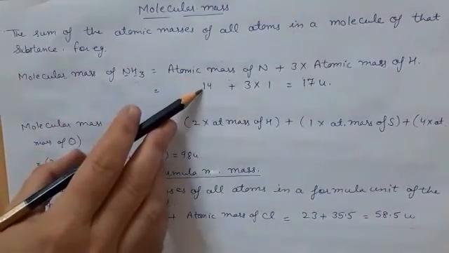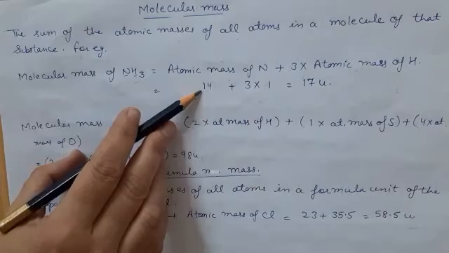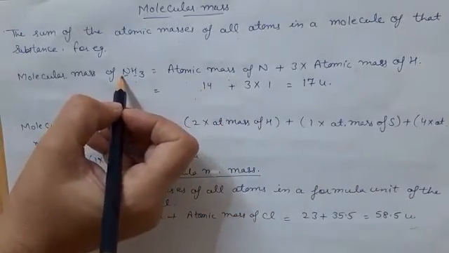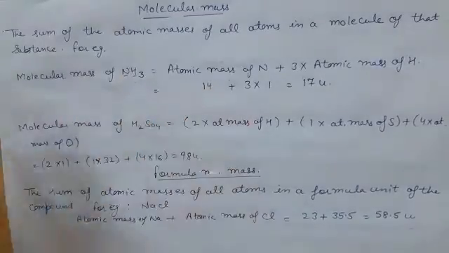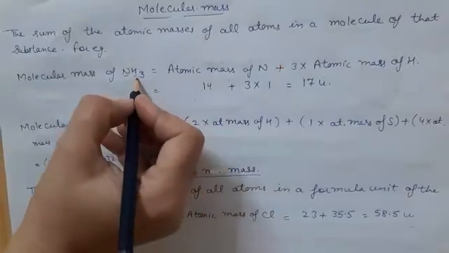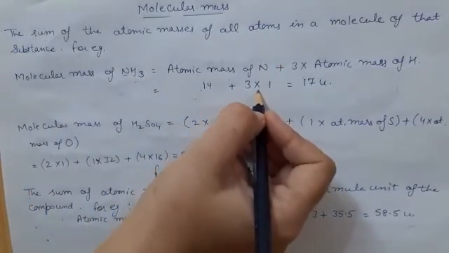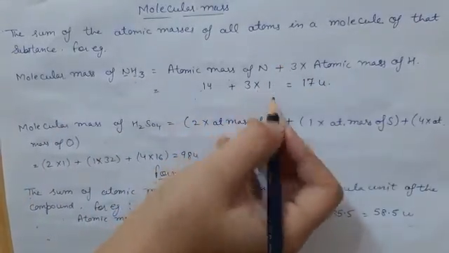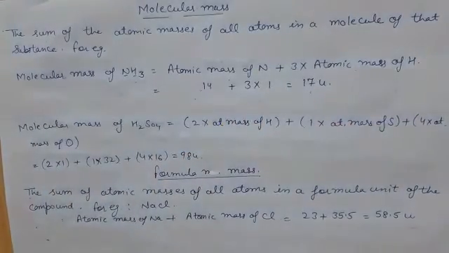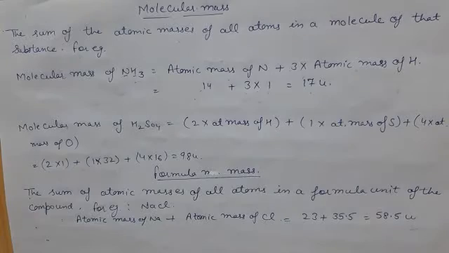We know the atomic mass of nitrogen is 14, and the number of atoms of nitrogen is 1, so we write only 14 here. The number of atoms of hydrogen is 3, into the atomic mass of hydrogen, and we get the molecular mass of ammonia, that is 17 u.